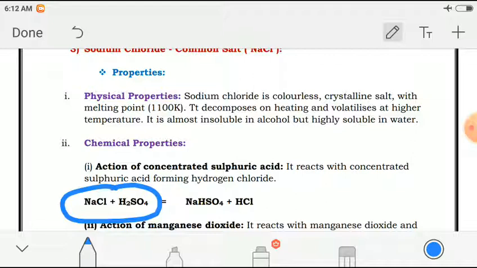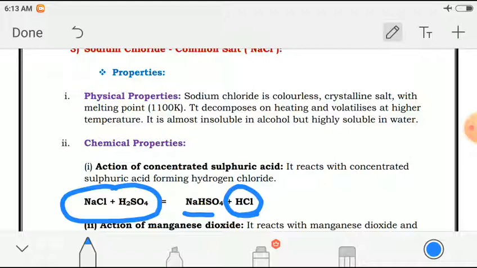See, this is then sodium bisulfate. This one will be formed plus HCl. This is the simple reaction when we treat sodium chloride with sulfuric acid. There will be formation of what? Sodium bisulfate with liberation of acid, that is hydrochloric acid.